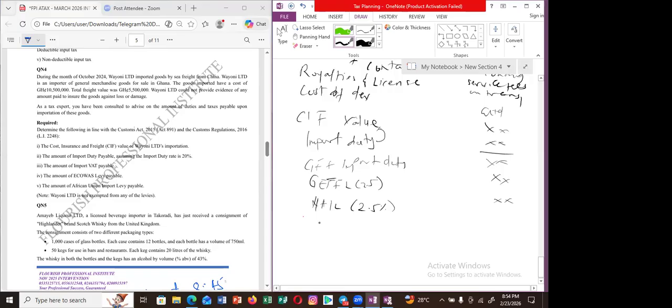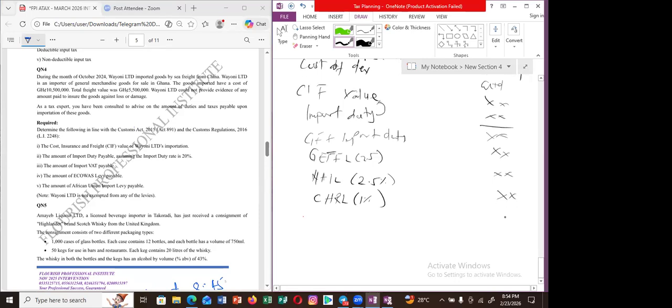And then we had COVID, which is no longer there, which was 1%. There is also the AU levy, African Union levy, which is 0.2%. Then there is the ECOWAS levy, which is 0.5%.